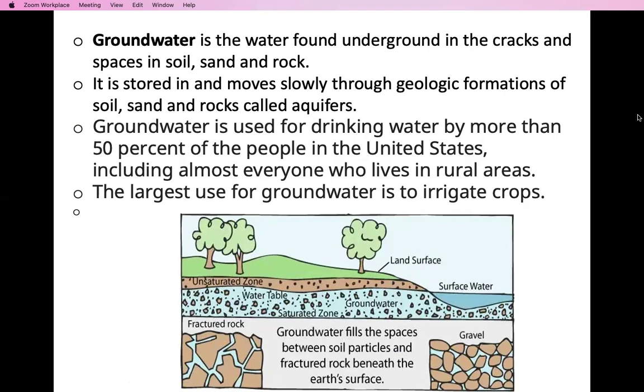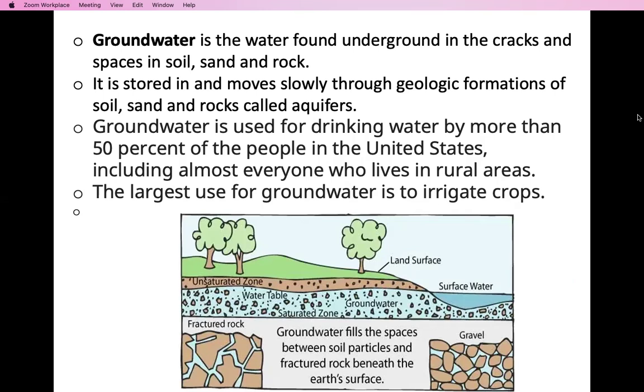Normally, this water, when found, is stored and can move slowly through geologic formations of soil, sand, and rock, usually called aquifers. Groundwater is used for drinking by more than 50% of people living in many parts of the world, including the United States.